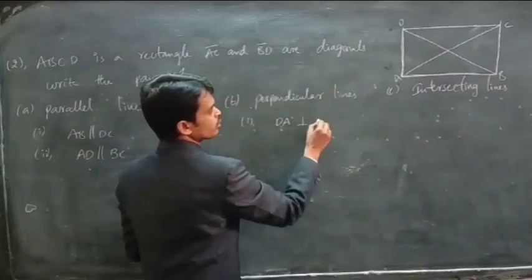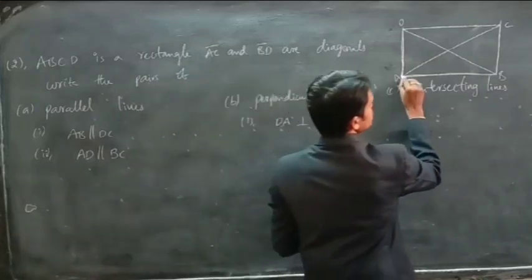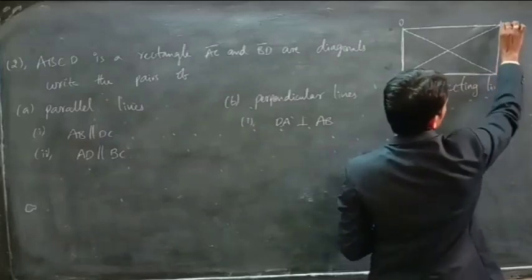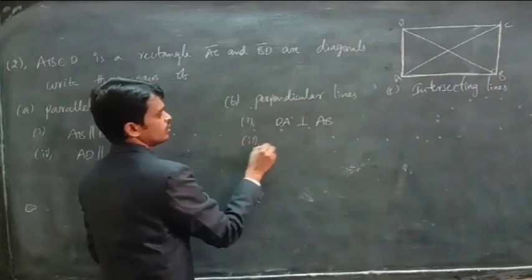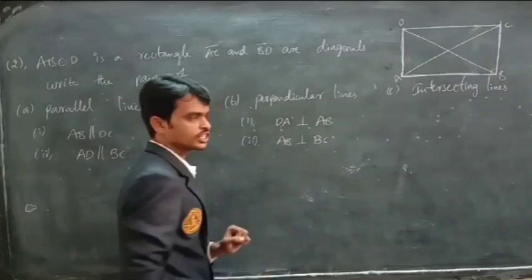DA is perpendicular to AB. Next, AB is perpendicular to BC, with the same right angle.